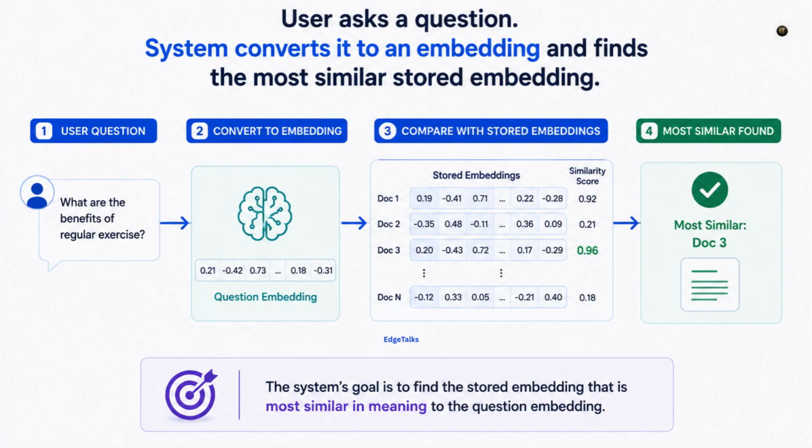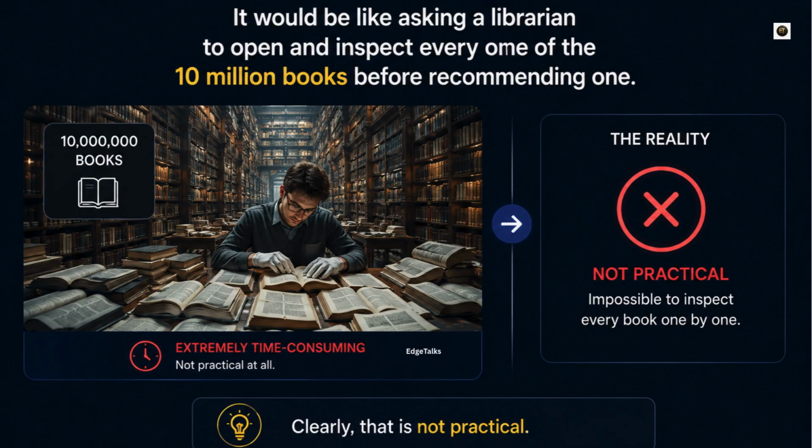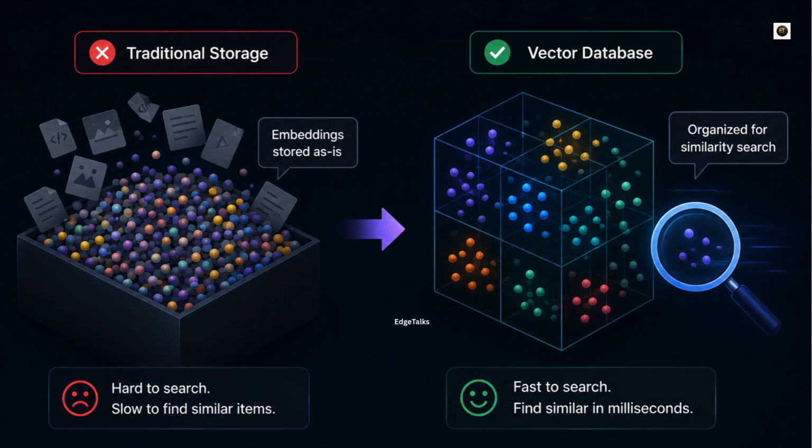If a traditional database simply compared that embedding against every stored embedding one by one, the computation would become enormous and the search would be far too slow. It would be like asking a librarian to open and inspect every one of the 10 million books before recommending one. Clearly, that is not practical. This is exactly why vector databases were created.